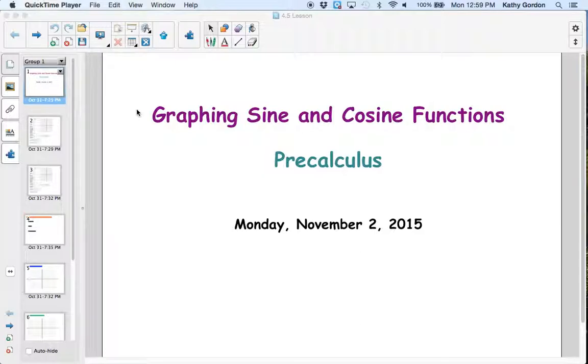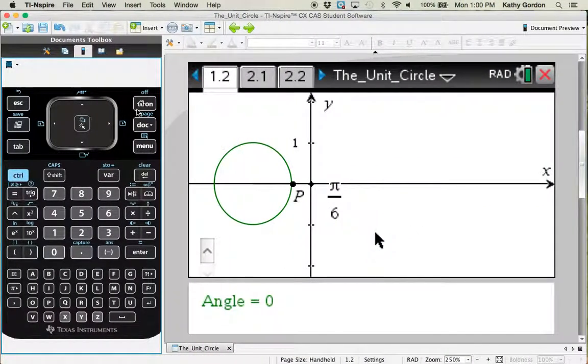But what we now need to do is actually just look at one trig function at a time and graph it in a way that is more normal, where we have, for example, the sine function in relationship to what the angle is, and we just look at sine. Okay, we're not in a situation where we've actually got cosine and tangent and things like that going on as well. So the first thing I just want to show you is kind of what we're looking at when we do this graph.